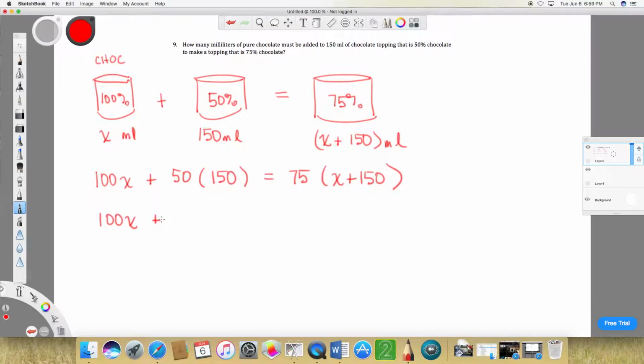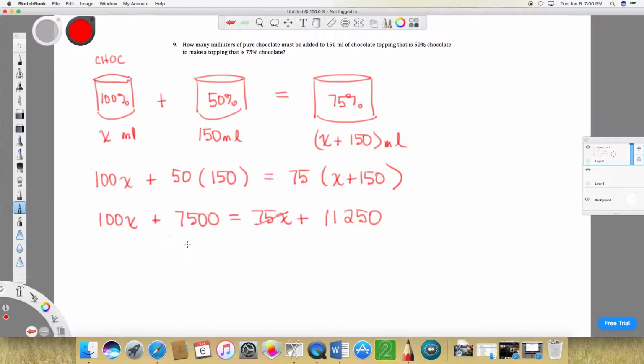So if I turn on the calculator so it'll work, 50 times 150 is 7,500, and 75x, and 75 times 150 is 11,250. All right, so we want to get the x by itself.